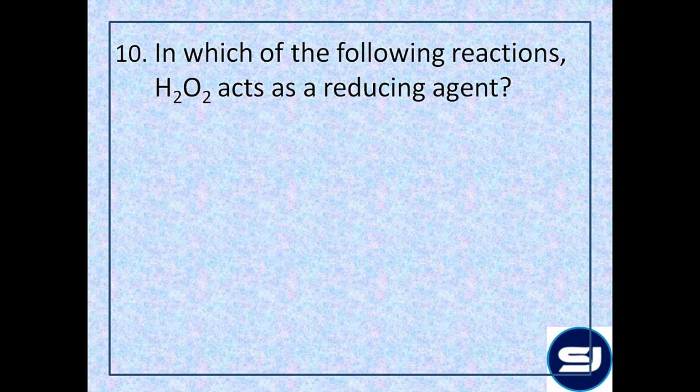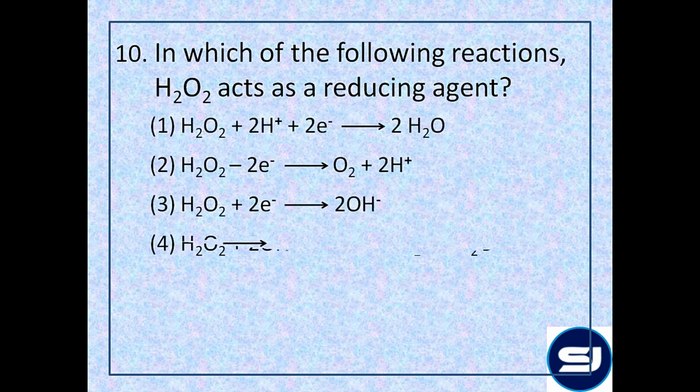In which of the following reactions peroxide acts as a reducing agent? So there are 4 reactions which are given and we have to identify in which of these peroxide would be acting as a reducing agent. Now the shortcut trick for this particular question is when peroxide acts as a reducing agent, it itself undergoes oxidation.